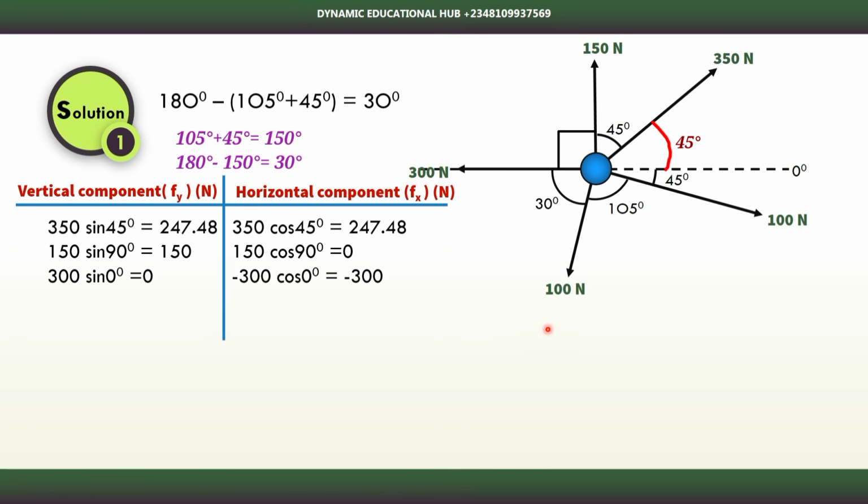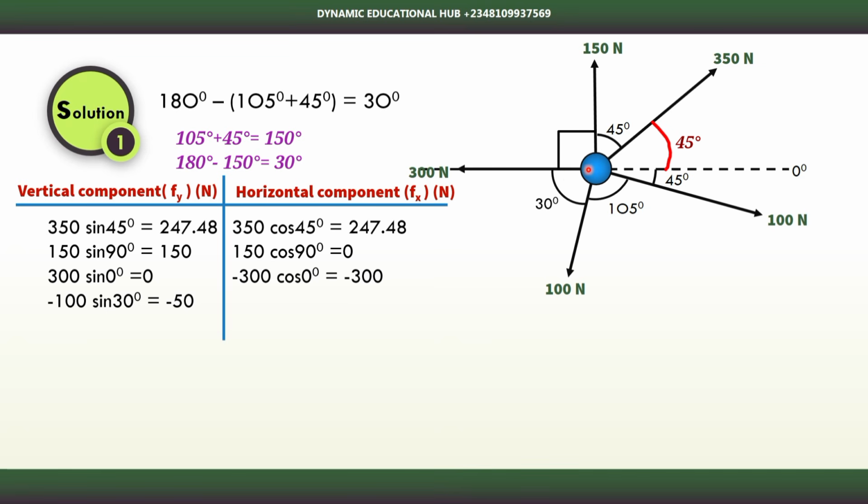So let's move to the next force, which is 100 Newton. For this 100 Newton, it is pointing downward, negative for vertical. So that is why we have minus 100 Newton sine 30 degree, and that is minus 50. Sine 30, 0.5 multiplied by minus 100, you get minus 50. And let's resolve it into horizontal components.